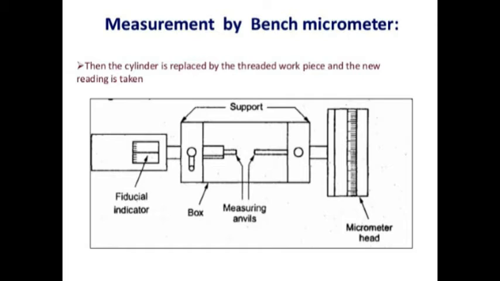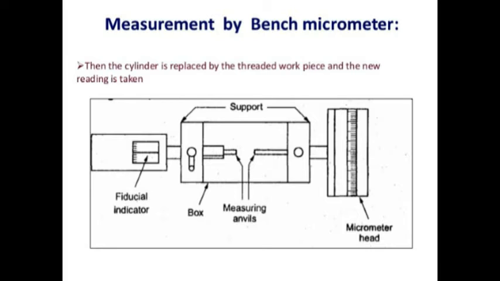In this machine, there is no provision for mounting the workpiece between centers, and it is to be held in hand. The cylinder is then replaced by the threaded workpiece, and again the micrometer reading is noted. By this, we can measure the major diameter of a screw thread.